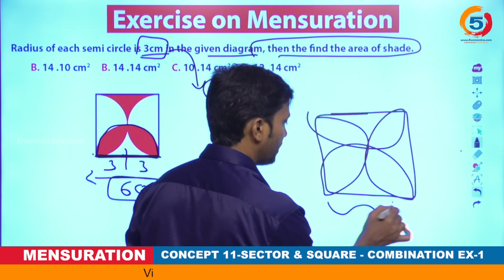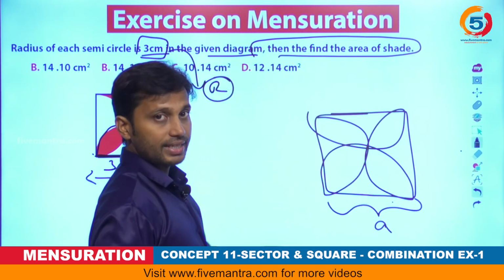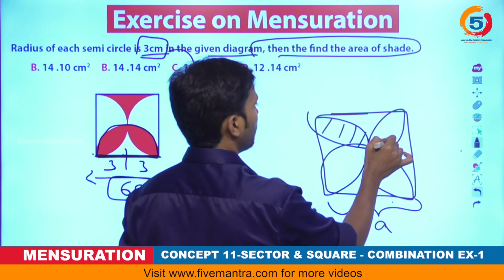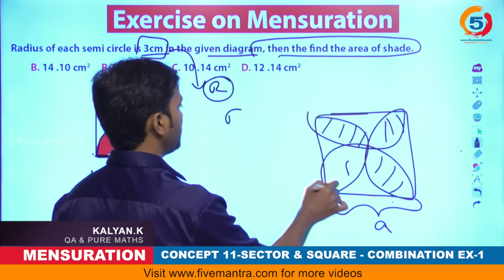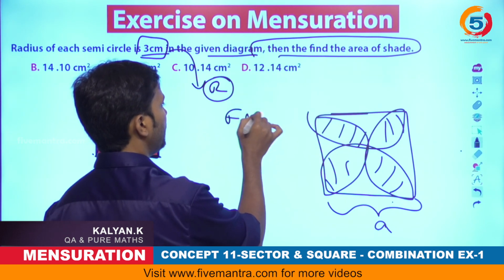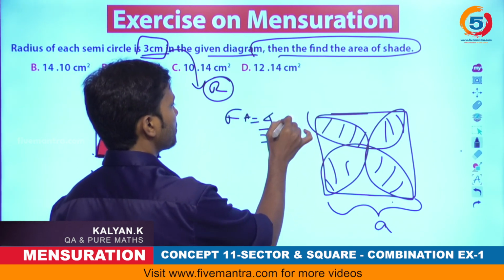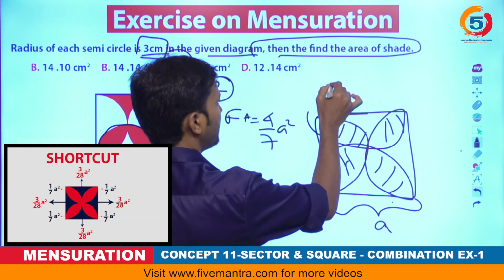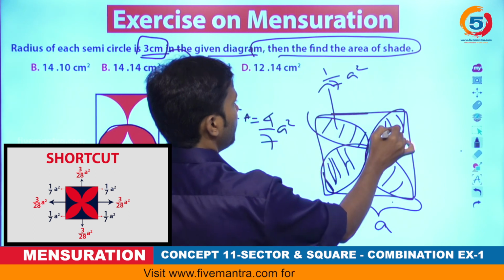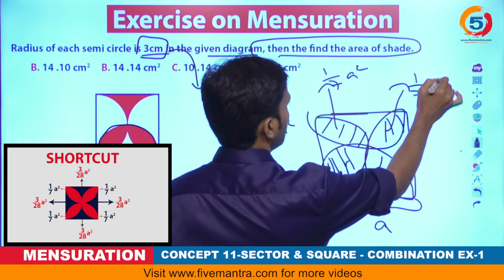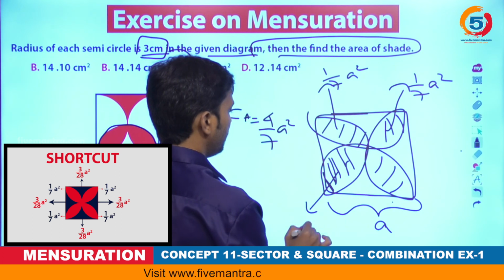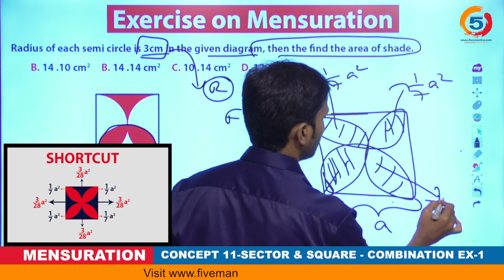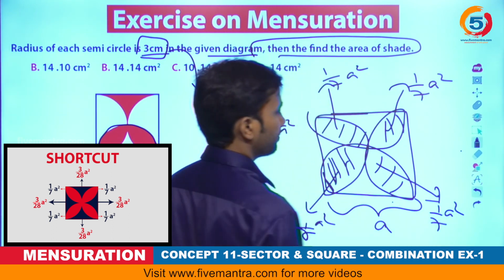Here, if side of the square is a, then the total flower shape area would be 4 by 7 a square, which is equally divided into 4 flower petals, that is 1 by 7 a square each.